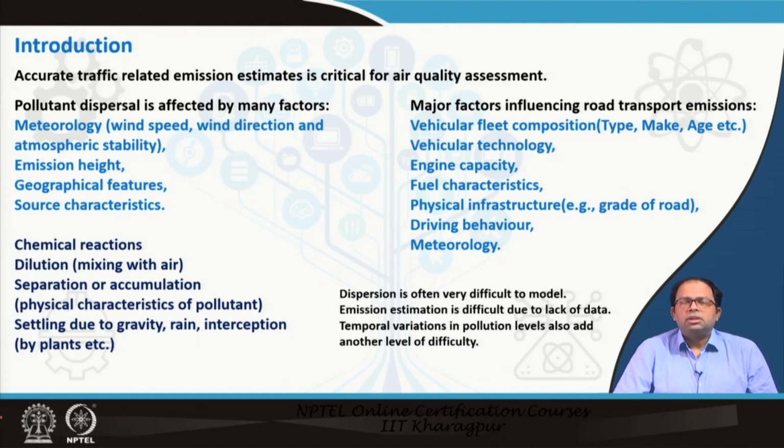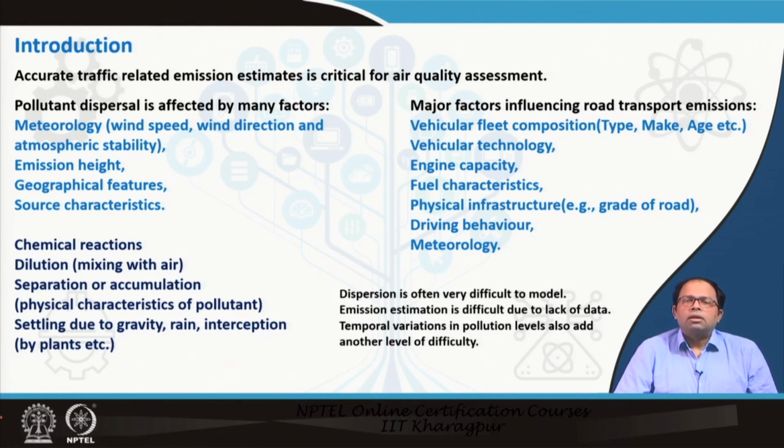So, when we talk about traffic related emissions, the major factors influencing road transport emissions are vehicular fleet composition. That means the different types of vehicles made by different manufacturers, their make and their age, all these have a role. Based on each type of vehicle, they will have a different effect on emission, or they emit different amounts of pollutants. Then there is of course the vehicular technology involved. There may be passenger cars, but each car may not follow the same technology.